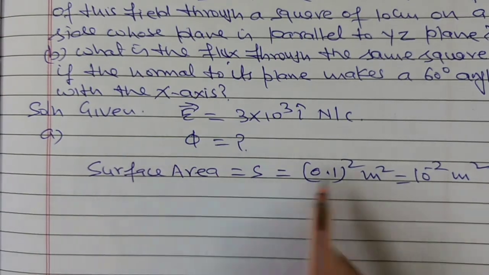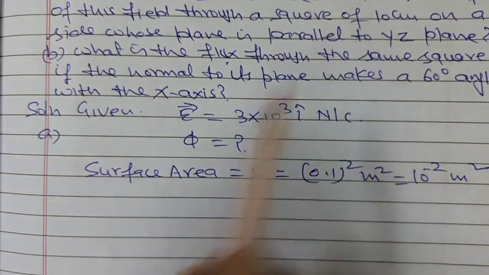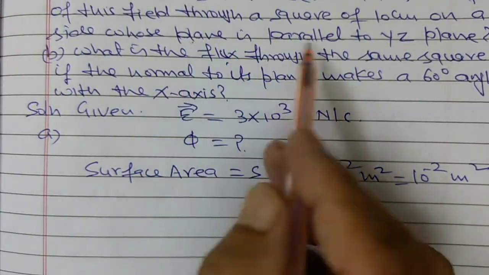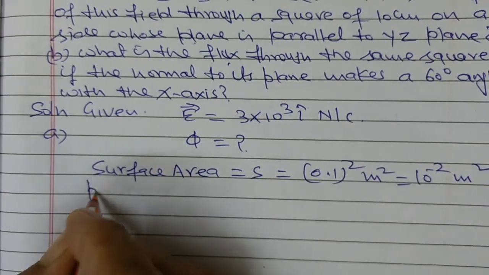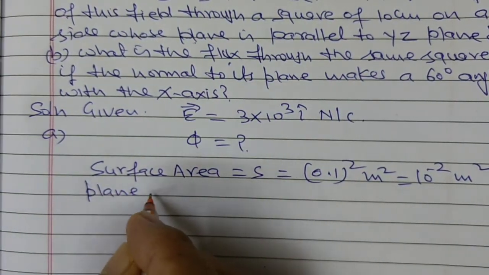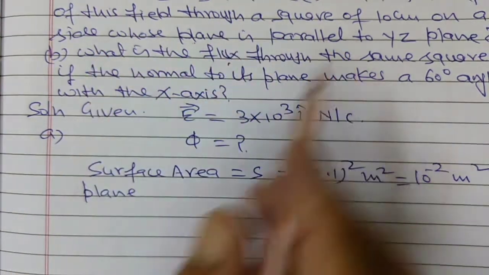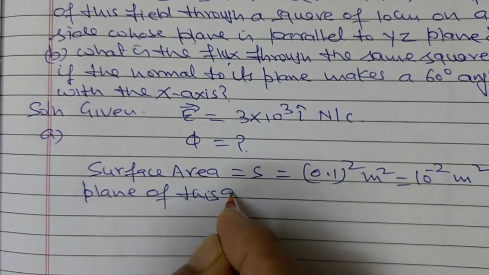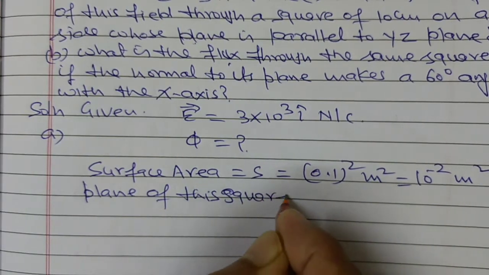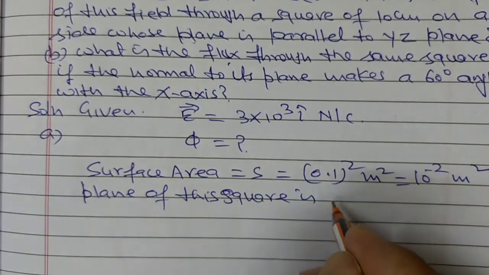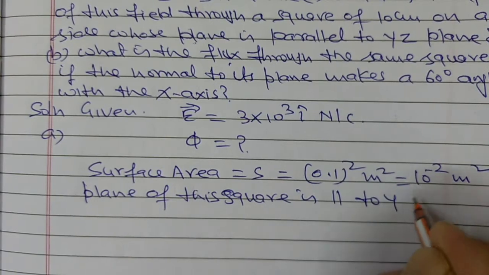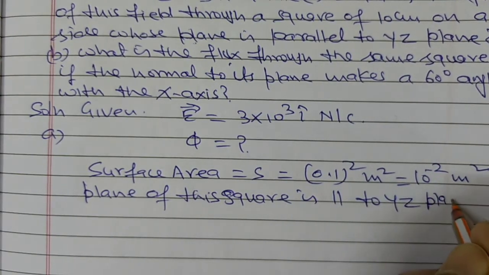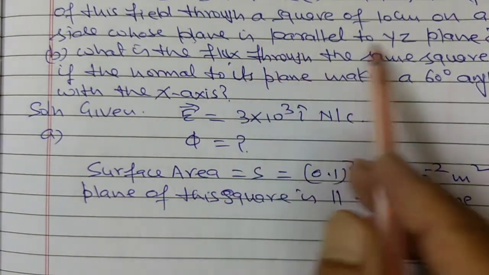and it is also given that the plane of this square is parallel to YZ plane, parallel to YZ plane.